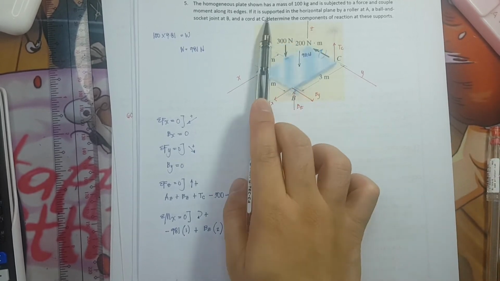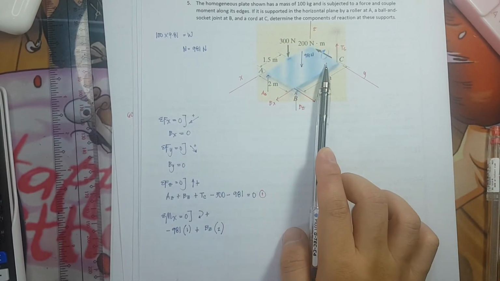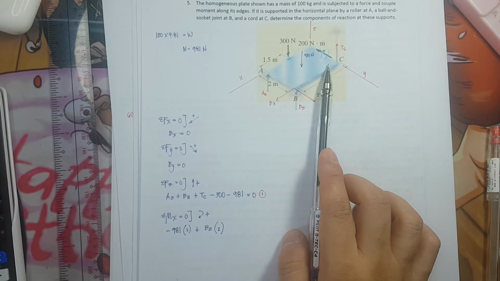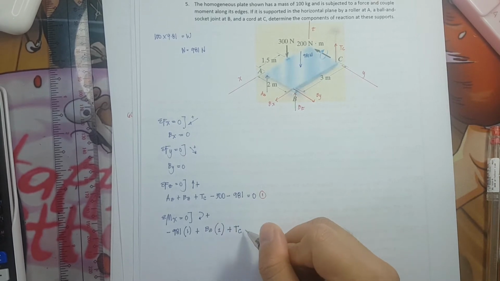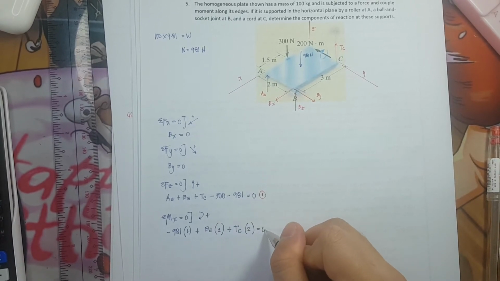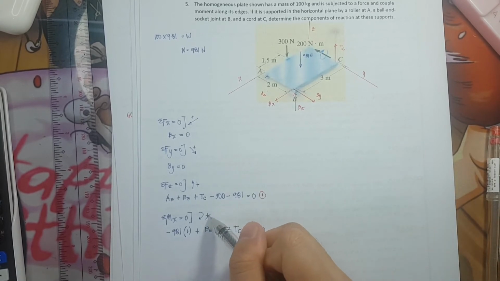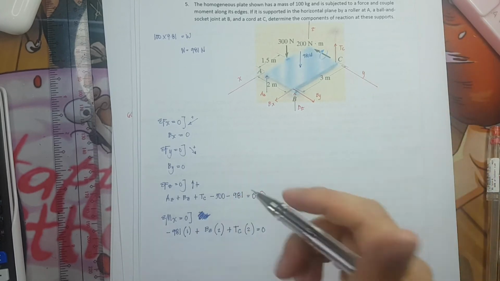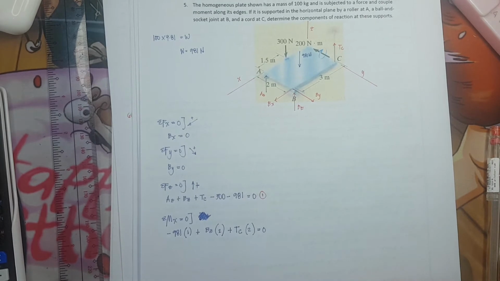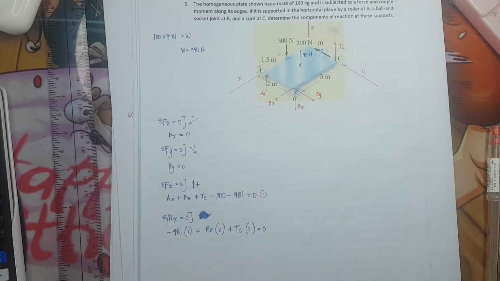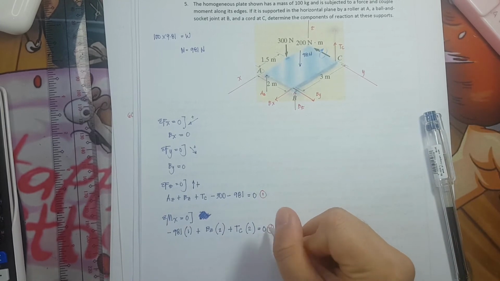TC will also be rotating in a counterclockwise manner, and that is the positive direction. So plus TC times a lever arm of 2 is equivalent to 0. This is a correction. We should remove this because we should follow the right thumb rule, so there should be no assigned direction. So that's it. We have two unknowns. So this is my equation number 2.